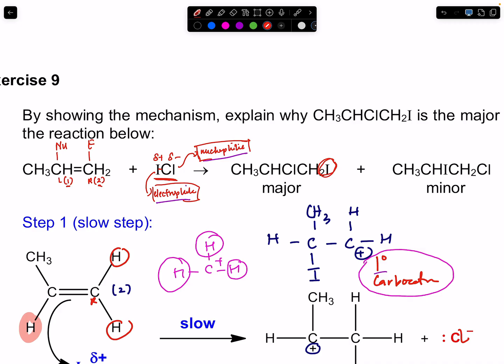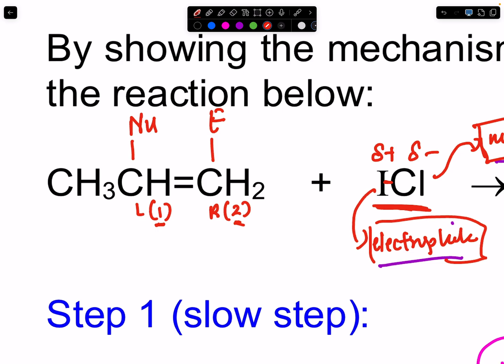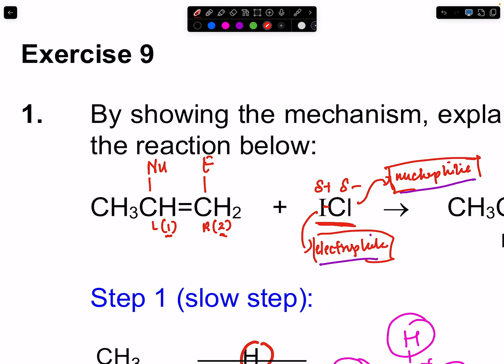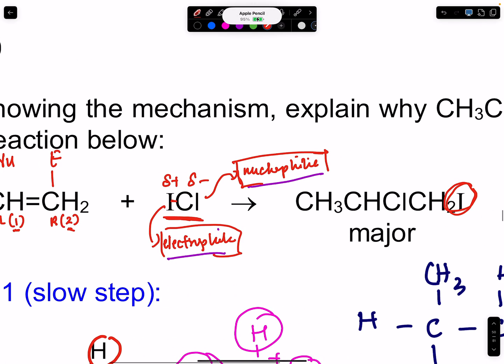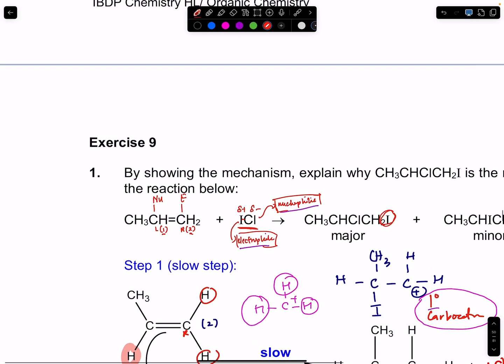So we go over to the alkene molecule and check who has more hydrogens. The one that has more hydrogens attached to the doubly bonded carbon atom will receive the electrophile, while the nucleophile will be received by the one that has fewer hydrogen atoms. But it's just probability, right? It can happen the other way also. Yes, but the one that follows this will be the major product.